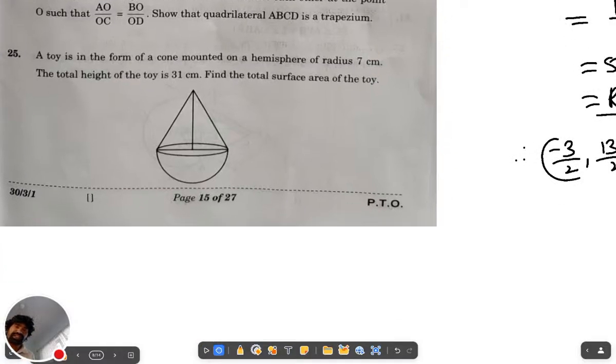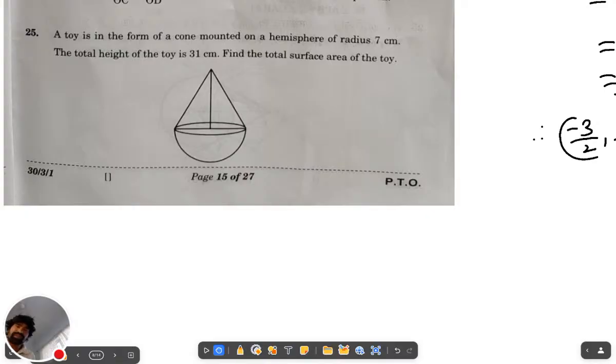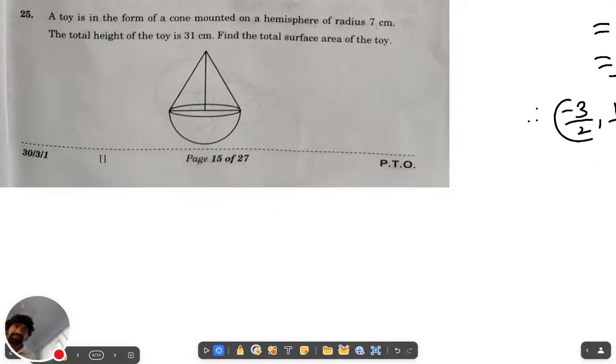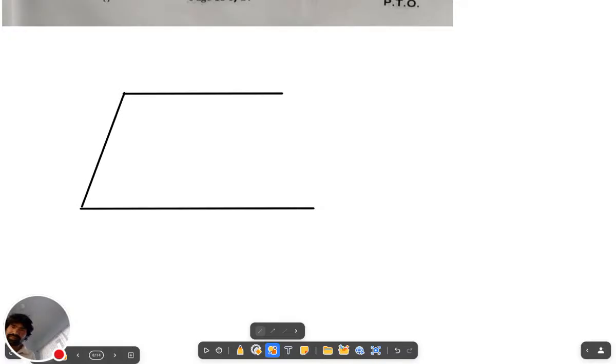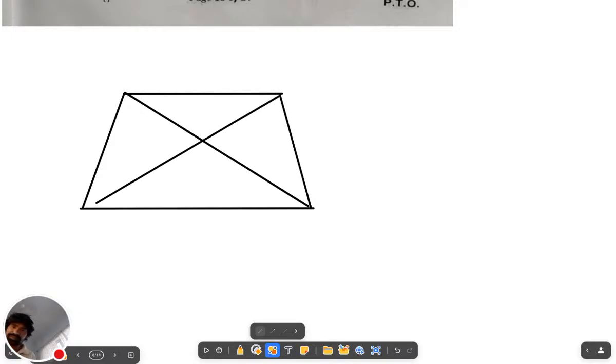Okay, let's draw the quadrilateral. So diagonals are intersecting at point O. A, B, C, D, and this is the intersection point of the diagonals.